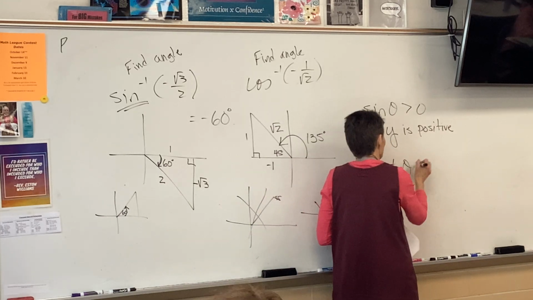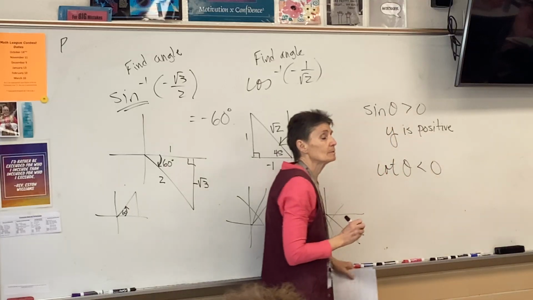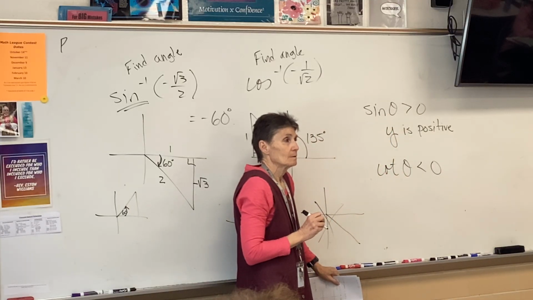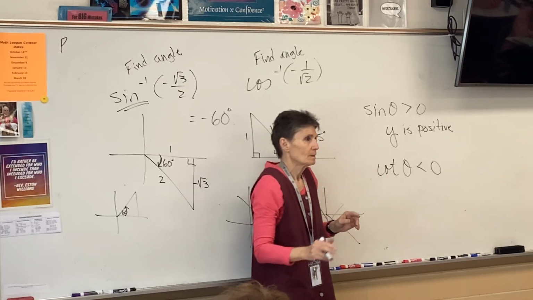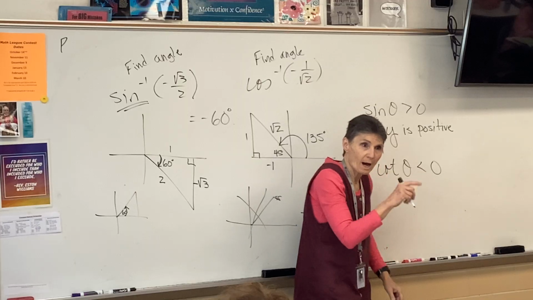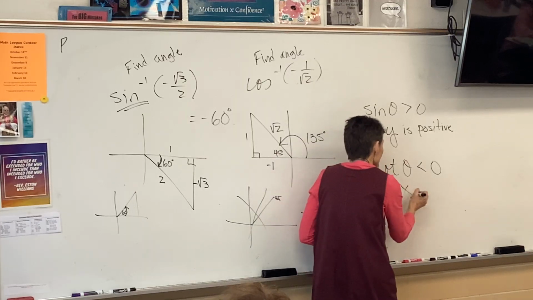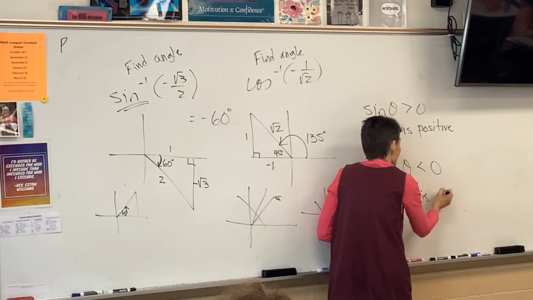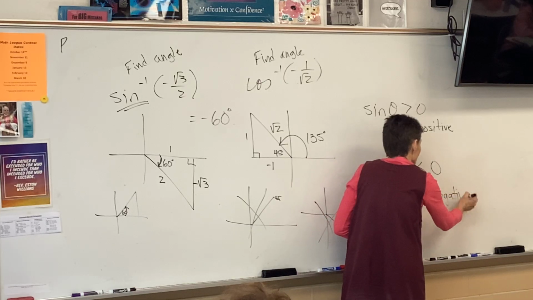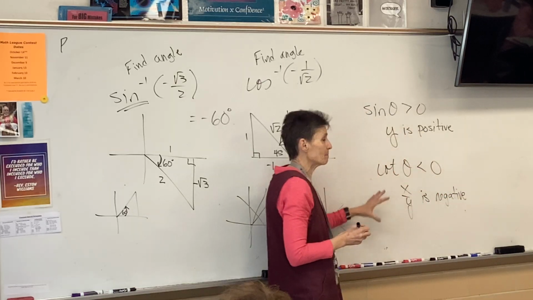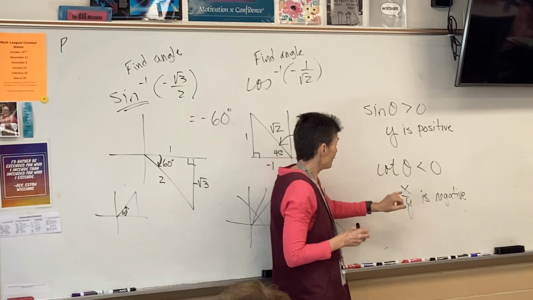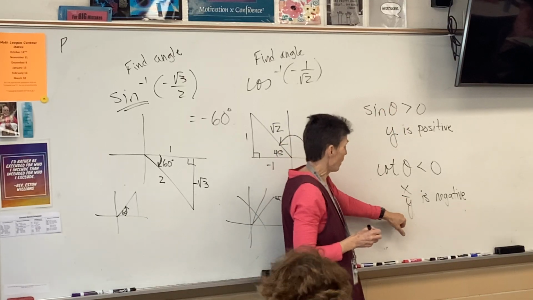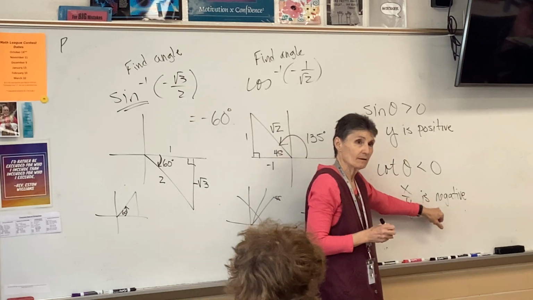Cotangent is negative. What is cotangent? X over y. Very good. So x over y is negative. That's what this is telling me. This literally says y is positive. This says x over y is negative.